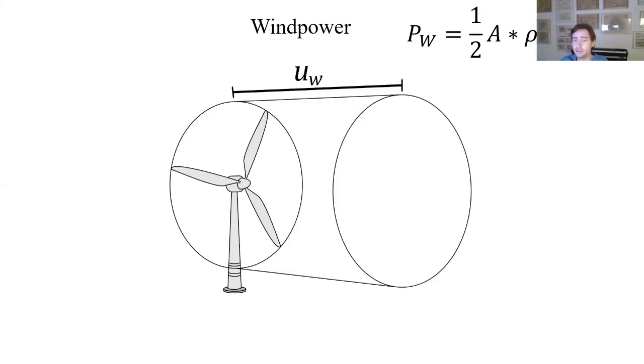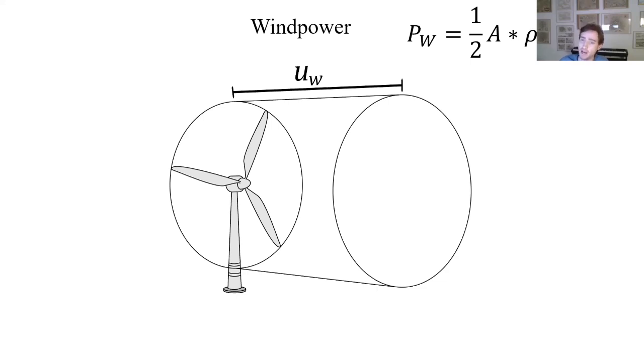The equation I use to describe the wind power across the dune is exactly the same as the equation used for describing the wind power across a wind turbine. When you want to calculate how much power a wind turbine is going to generate, you need to look at the kinetic energy of the wind moving across the blades. The kinetic energy is half times the mass times the velocity squared.